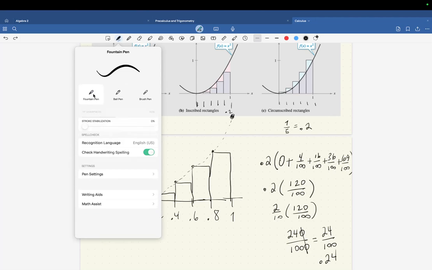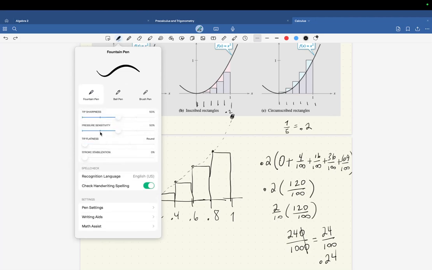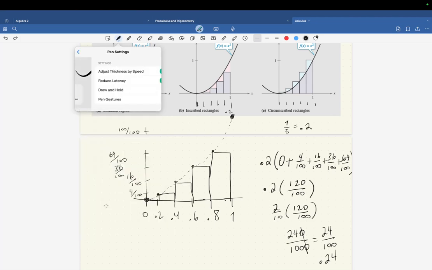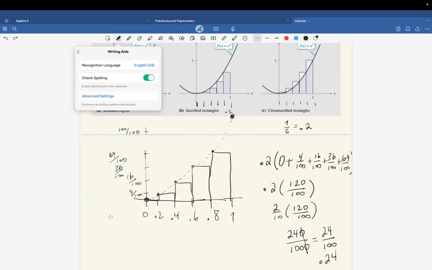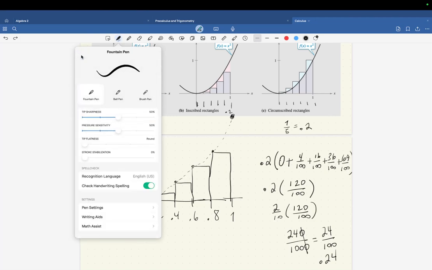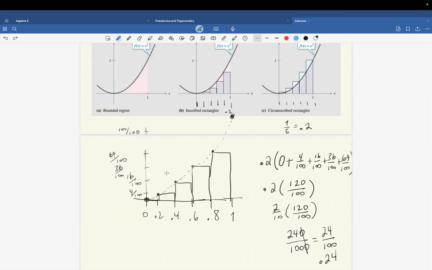We're going to hold on to this. Tip sharpness, sensitivity, pen settings, pen draw and hold, no. Math assist, writing aids. Can I just get colors? Advanced settings. Okay. I don't need, oh, it's over here. Look at that, blue.